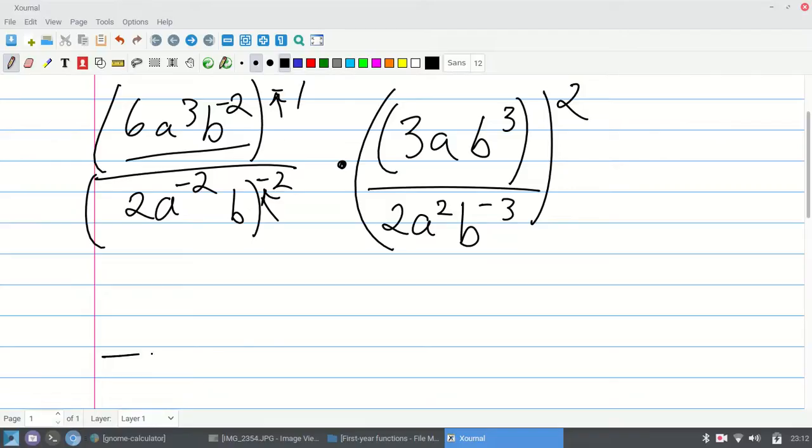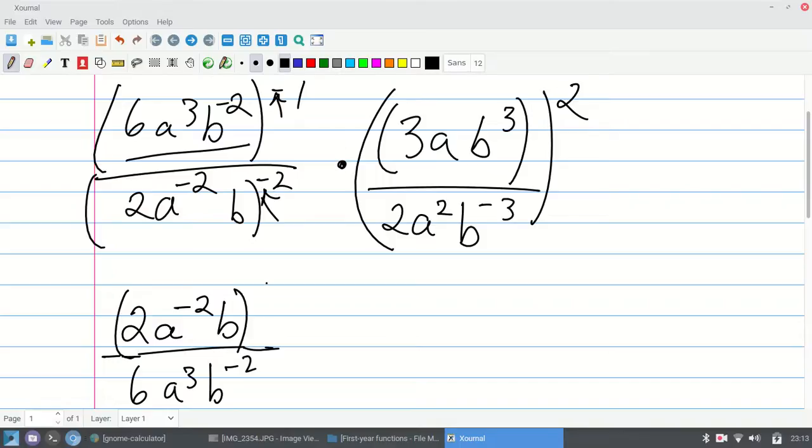What I have there, 6a cubed b to the negative 2, will just go to the bottom and take on an exponent of 1. When you take on an exponent of 1, you basically don't have to write anything. Like 2 to the 1 is 2, for example. 3 to the 1 is 3. So I just have to write that. And then this guy ends up on the top because that also has a minus, so you flip it. But now you have to put an exponent of 2 instead of negative 2.